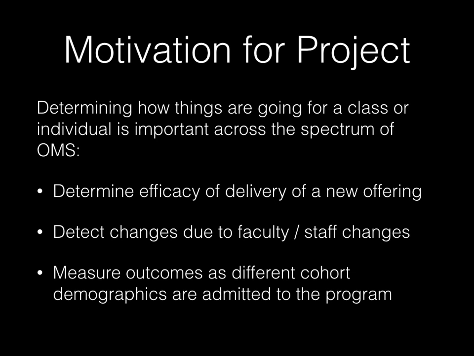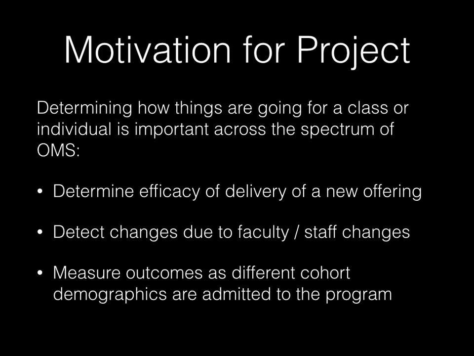First and foremost, when a new offering comes online, you want to know whether it's translated well from the classroom to the online format. Sometimes faculty and staff will change, and maybe that subtle change impacts the efficacy of what's being delivered between semesters.